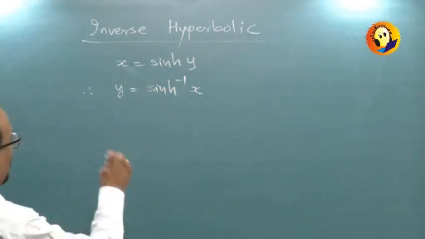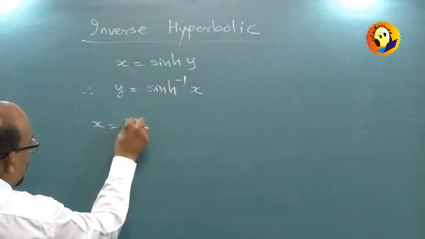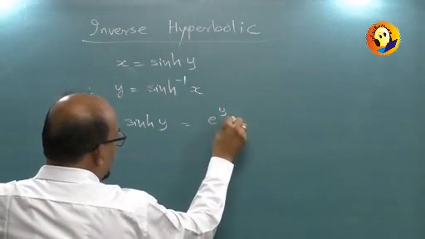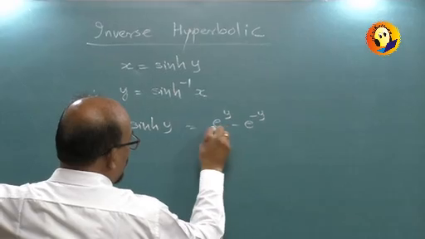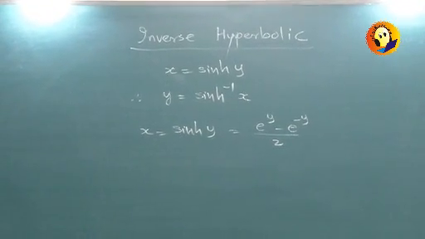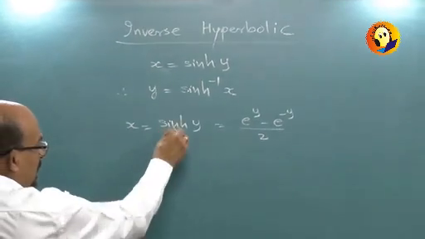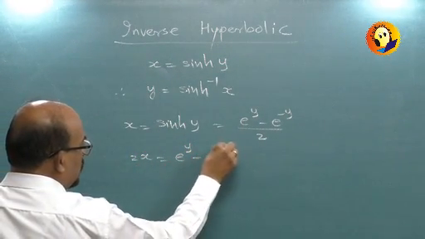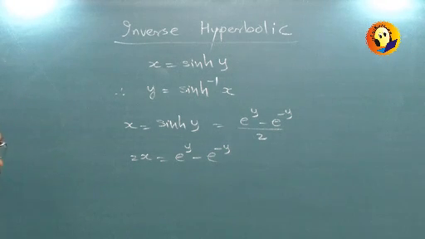Now see how we do it. We start with again x is equal to sin y, and we write its definition. It is e raised to y minus e raised to minus y upon 2. Now forget this. It is 2x is equal to e raised to y minus e raised to minus y, and I multiply throughout by e raised to y.